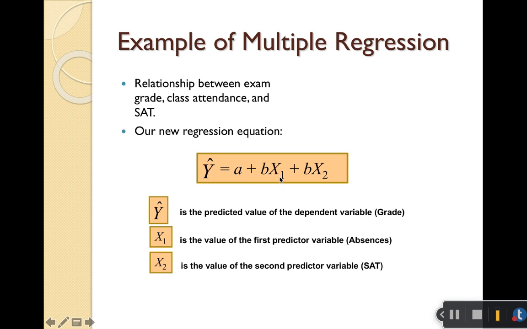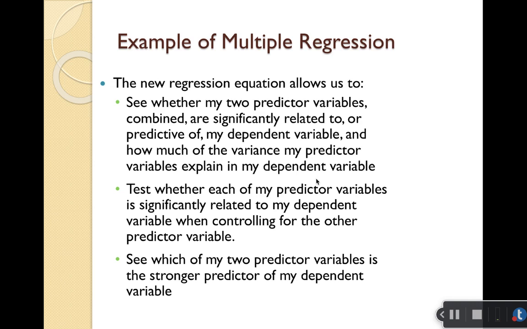We still have A, we have an intercept, except now we have x1 is absences, x2 is SAT, and we'll have a slope for each of these equations. So you can see it's kind of like pulling different levers to see how our final outcome of exam grade might change.